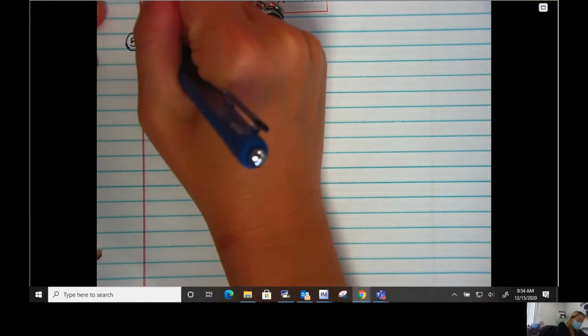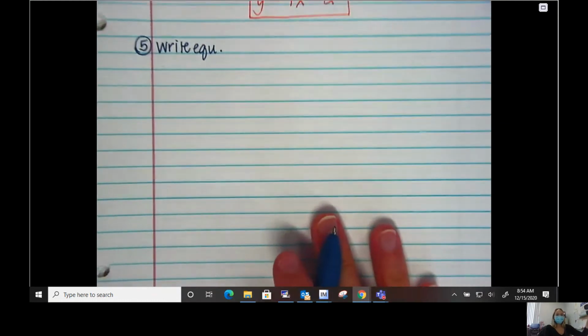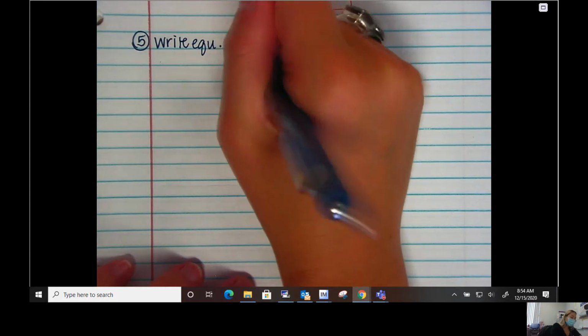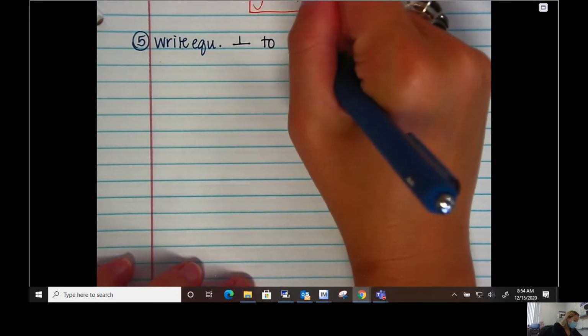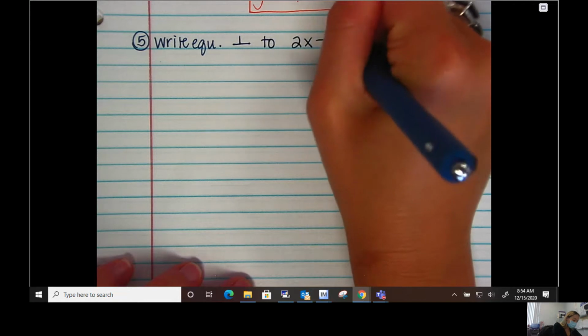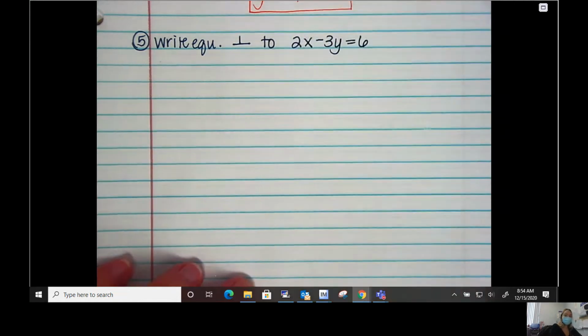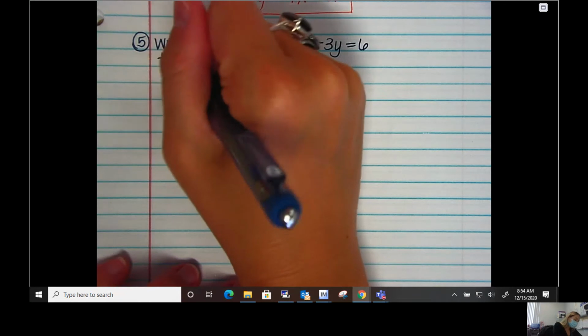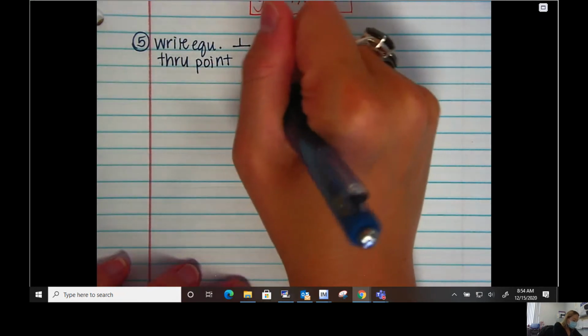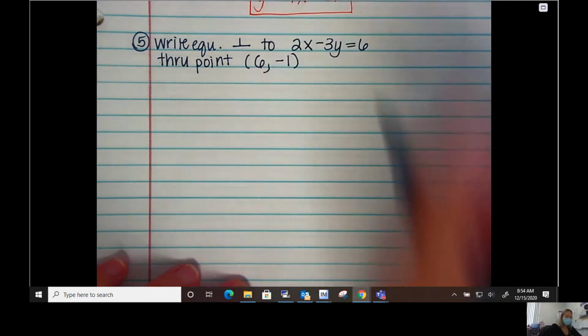We're going to write the equation. I'm just going to put EQU if you don't mind. Write the equation of a line that is perpendicular to 2x minus 3y equals 6 and goes through the point (6, -1).